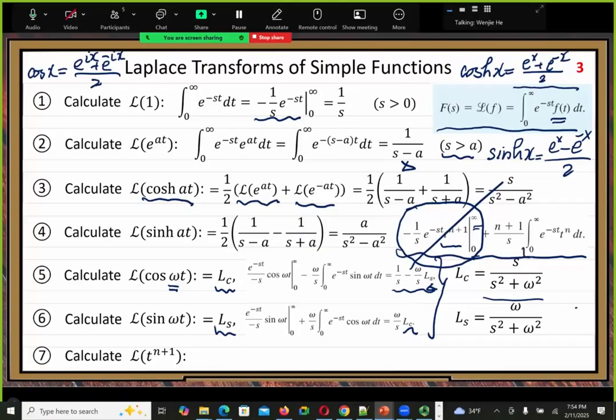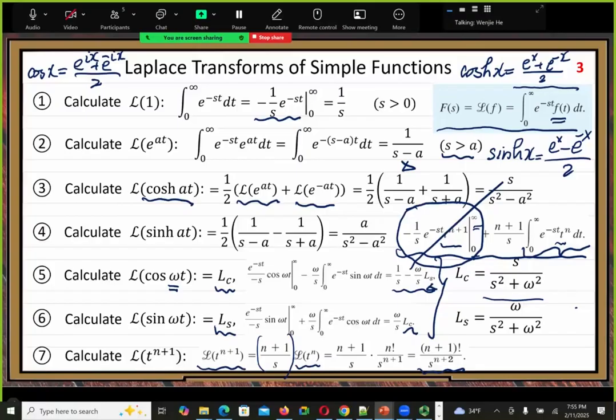But the second term is the Laplace transform of this t to the n. So you get this property: the Laplace transform of t to the n plus 1 equals this expression. You can do iterations, so at the end, you get n plus 1 factorial over s to the n plus 2.